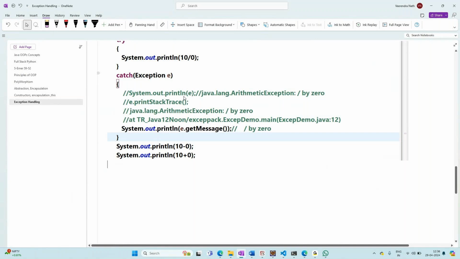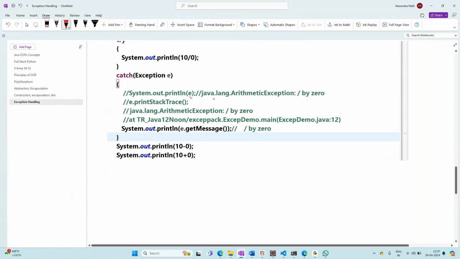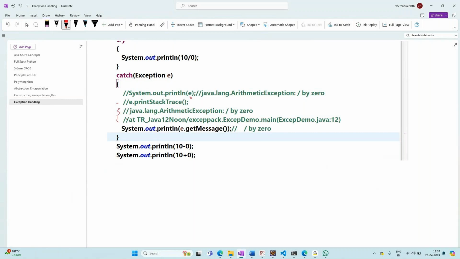So what exactly are we talking about here? The exception being handled. What are the three different ways? You are just printing the exception; you are using printStackTrace, which will give you detailed information about the exception; and you are saying e.getMessage(), so you are getting only the message.